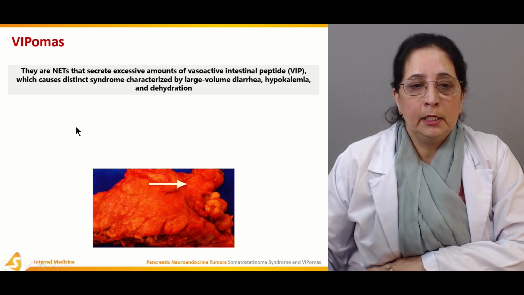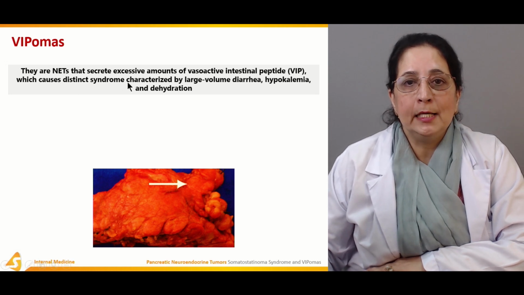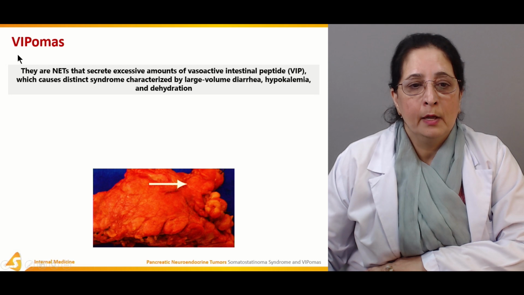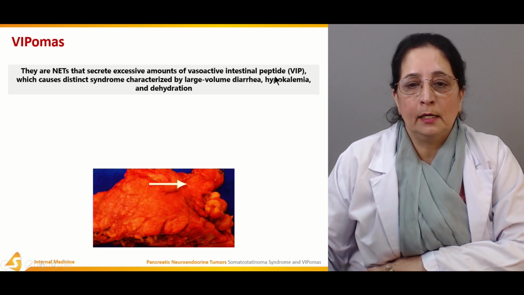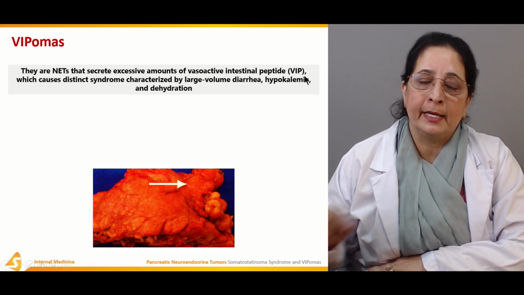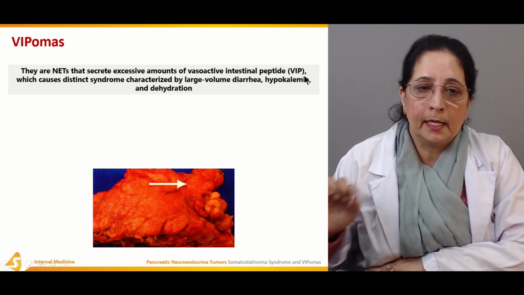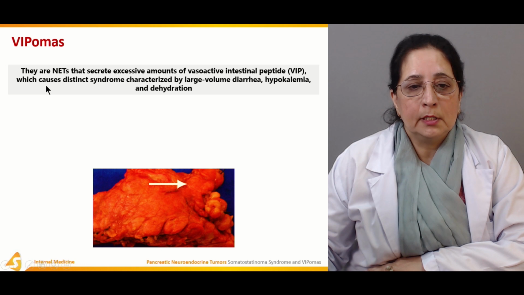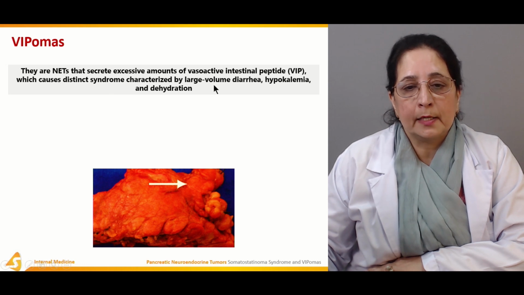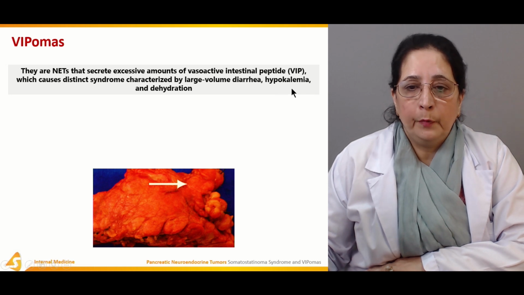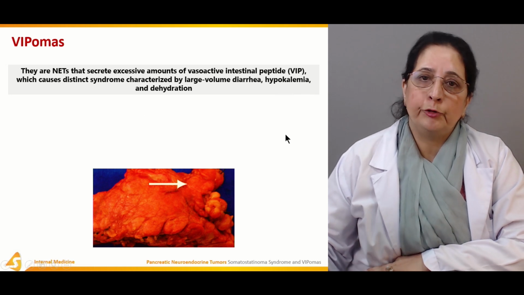Next is the VIPomas. VIPomas are tumors that secrete excessive amounts of VIP, vasoactive intestinal peptide, which causes a distinct syndrome characterized by large volume diarrhea, hypokalemia, and dehydration.